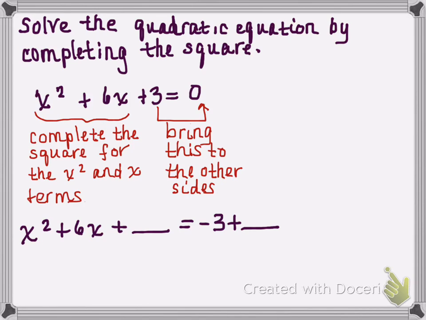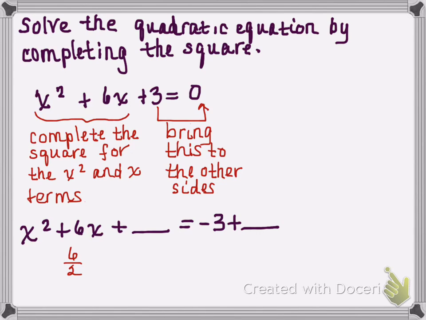Because if I add something to the left side of my equation, to keep balance and not change the value of the equation, we need to add the same thing to the right side. Whatever you do to one side, you must do to the other. I put those spaces in to remind me that when I add that number to the left to complete the square, I've got to also do it to the right.